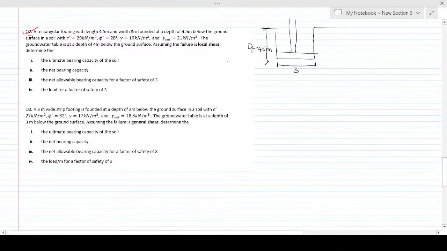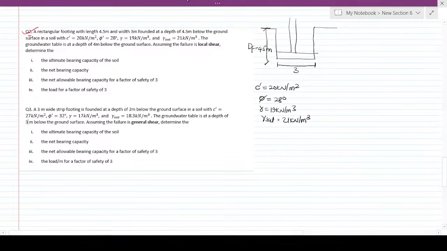Then C prime is 20 kilonewton per meter squared, phi prime is 28 degrees, gamma is 19 kilonewton per meter cube, and gamma sat is 21 kilonewton per meter cube. Then the groundwater table is at a level 4 meters below ground surface.